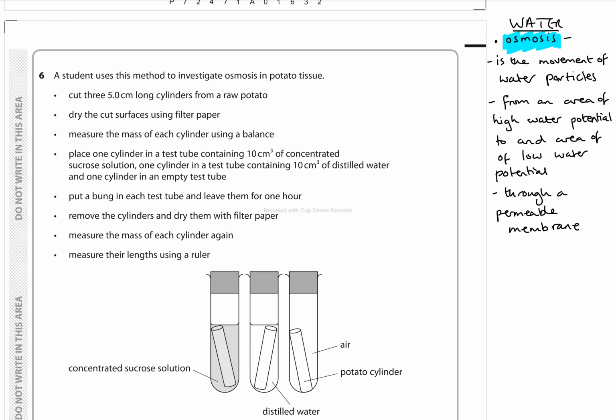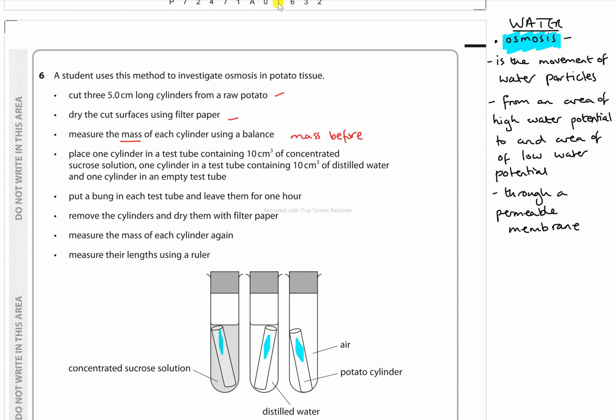Okay, so what we've got is 3 potato bits here, and we're going to cut them into 5 centimeter long, dry the surfaces, measure the mass. So this is mass before putting them into the solutions.